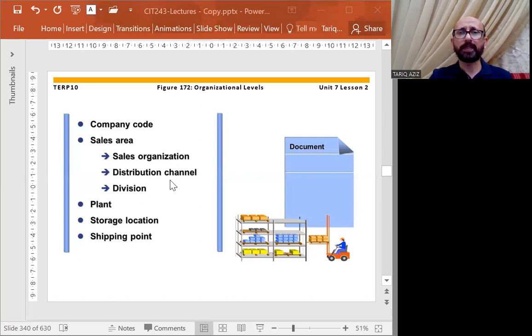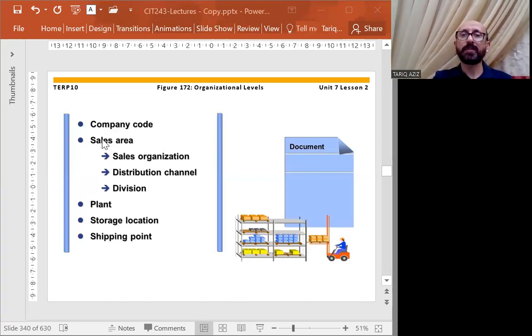But if you combine all of these three, you can call it sales area. But if I say sales area is an organizational data, the answer is no. Sales area is not an organizational data. Sales organization, distribution channel, and division are organizational data.